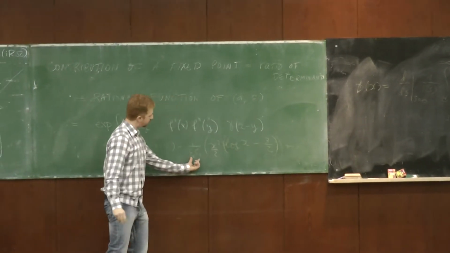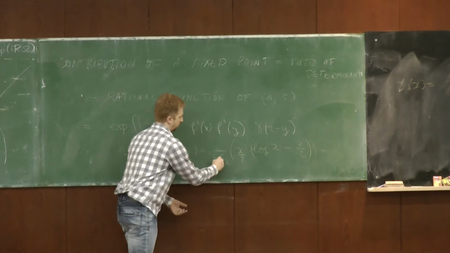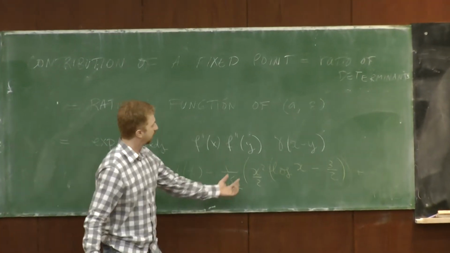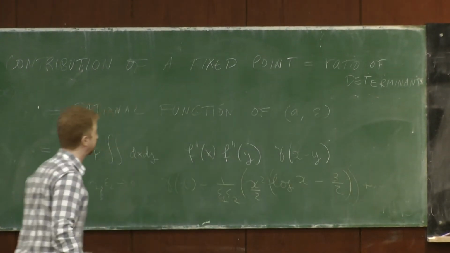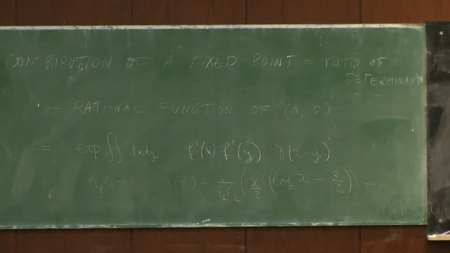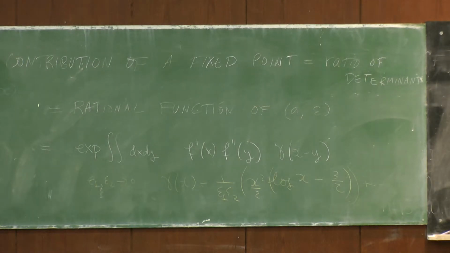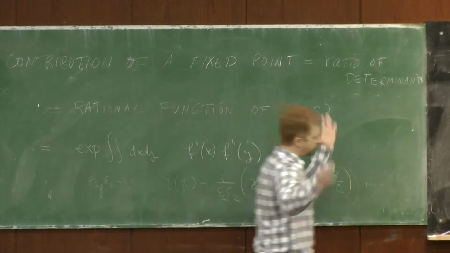So it has a singularity when epsilons go to 0, and the leading coefficient in front of this most singular term is this famous x squared log x function.